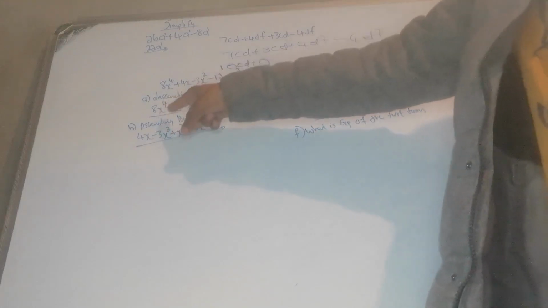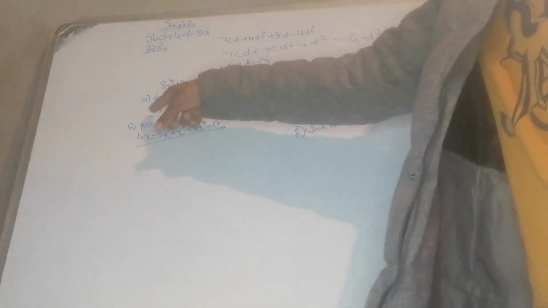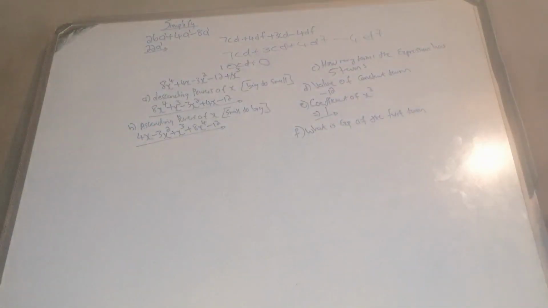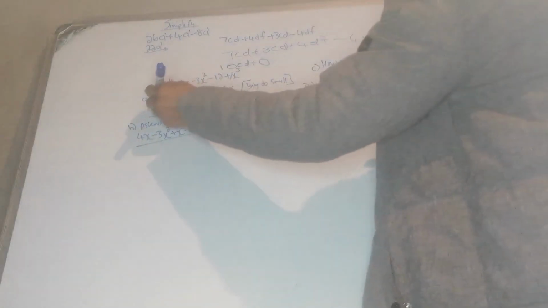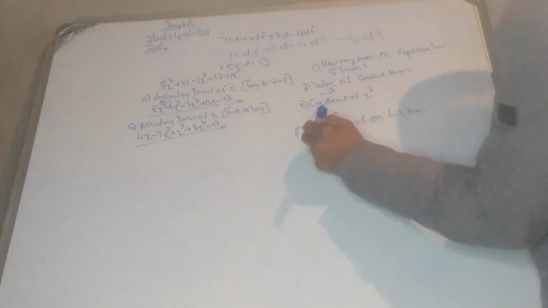So what is the exponent of the first term? Not 8x squared, the exponent. The exponent of x is 4. The exponent of the first term is 4.